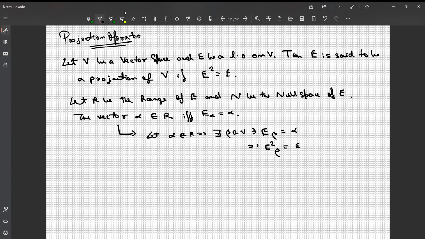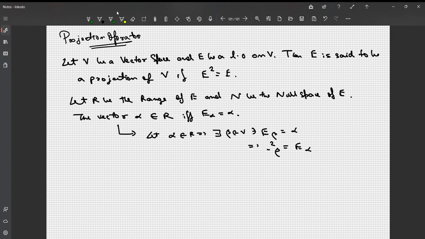Then E square of beta is E alpha, right? We need to show that E of alpha is equal to alpha, right? Okay. So E of beta is alpha.